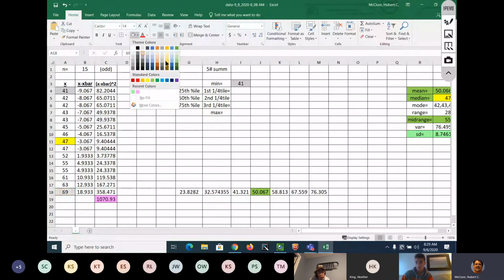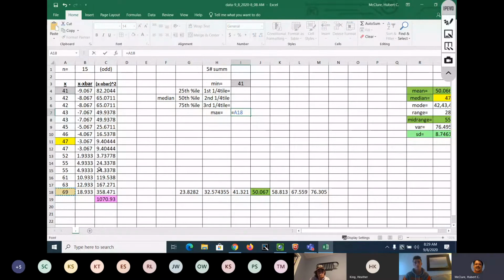Let's color it that nasty looking orange. Looks like some kind of powder you mix with water and drink. Tang, there we go. Okay, and of course we don't have to color this one because it's already yellow. And that's equal to the median.